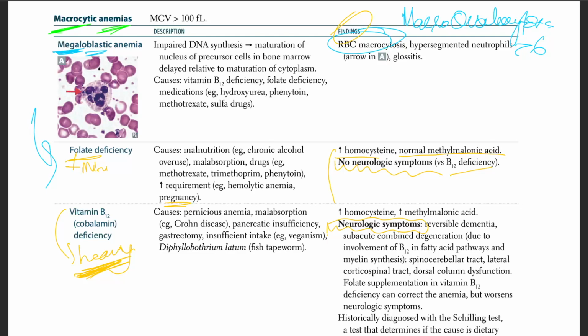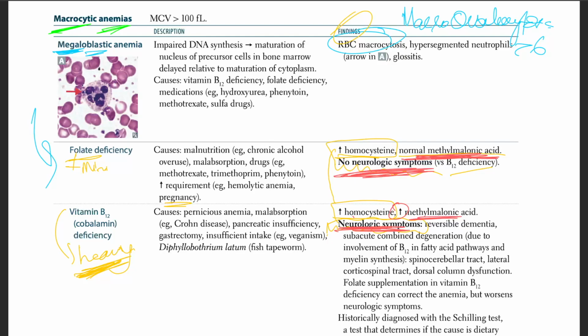In both of them, you have increased homocysteine levels. But in folate deficiency, you have normal methylmalonic acid and no neurological symptoms. And in B12 deficiency, you have an increase in methylmalonic acid levels with neurological symptoms.